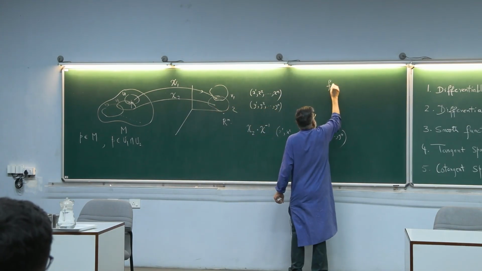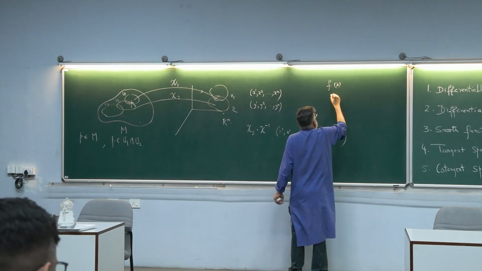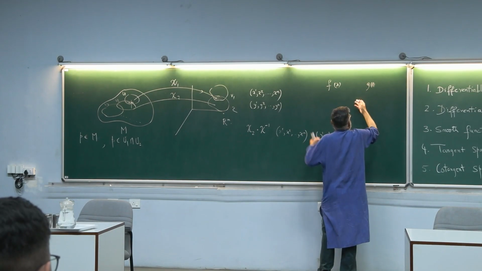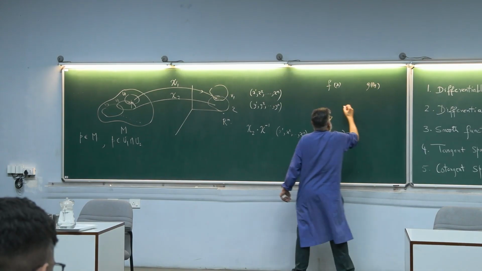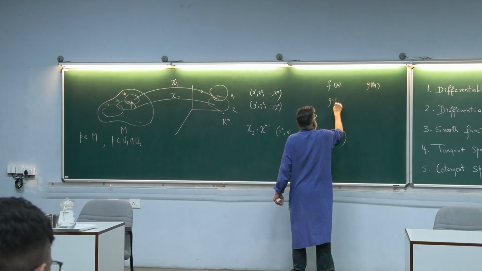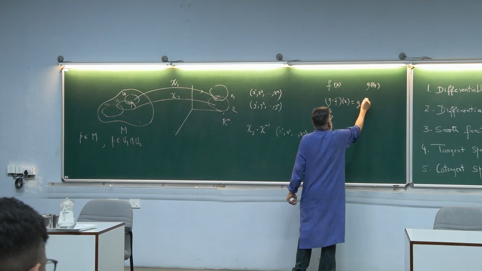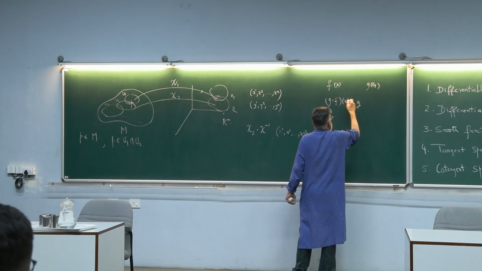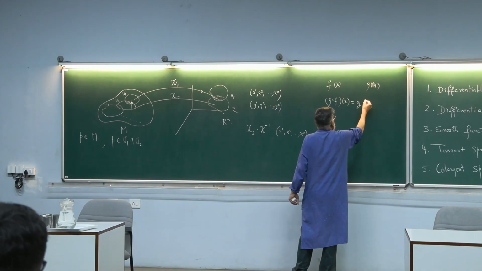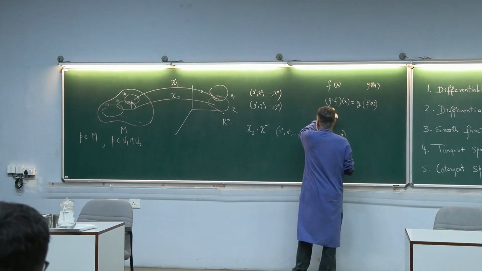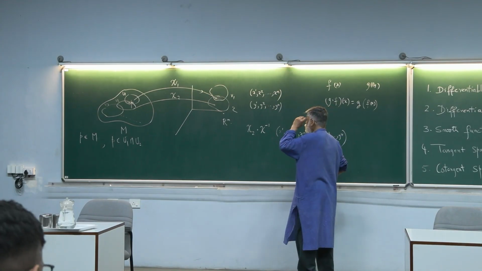If I have 2 functions f of x and g of y, for any real number, then g composition f of x is defined to be g of f of x. First you act f on x, you will get a real number, and then g acting on f of x. This is the definition of composition of 2 functions.